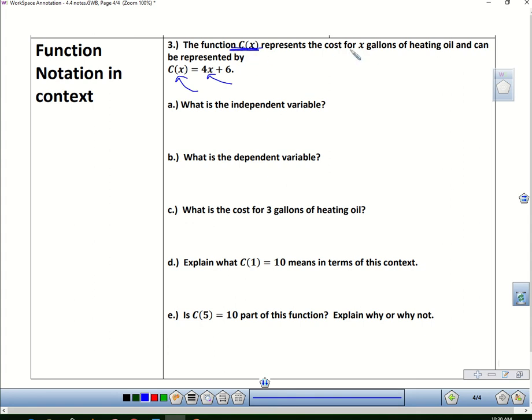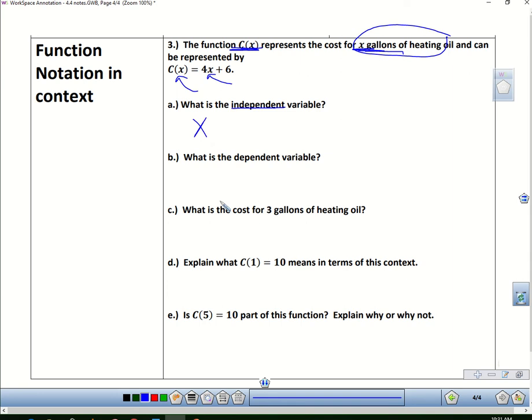So the function c of x represents the cost for x gallons of heating oil. So if you're buying x gallons of heating oil, the cost is controlled by the amount of oil you buy, right? So which one's going to be the independent variable? X. Good, the x, the gallons of oil. Does that make sense? Why? Because the independent controls the dependent.